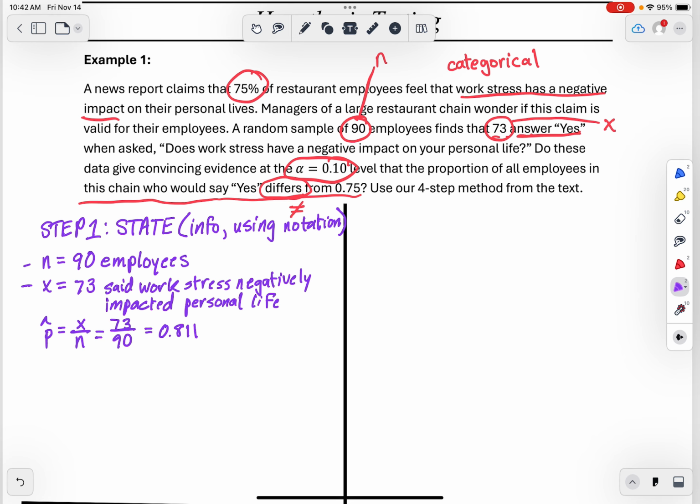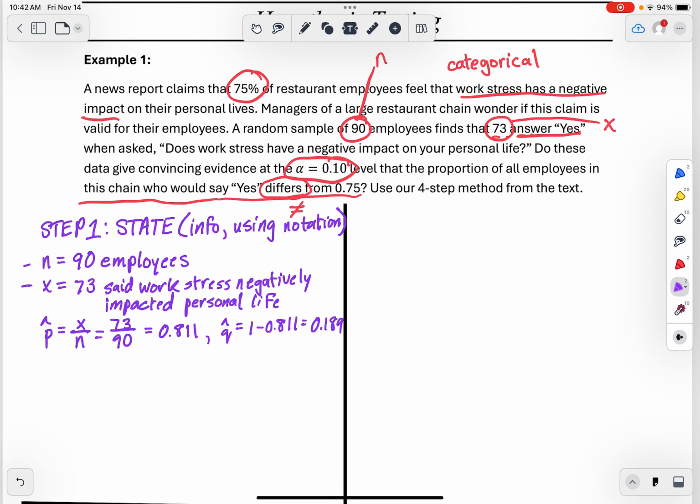Remember, you always want to take your percentages to at least 3 decimal places. It goes on and on, but just make sure you have at least 3. And then I also know that Q hat is going to be 1 minus that 0.811, and that's going to be 0.189. Whether or not we're going to need Q hat, I think it's always good as soon as you find one percentage to find the other.